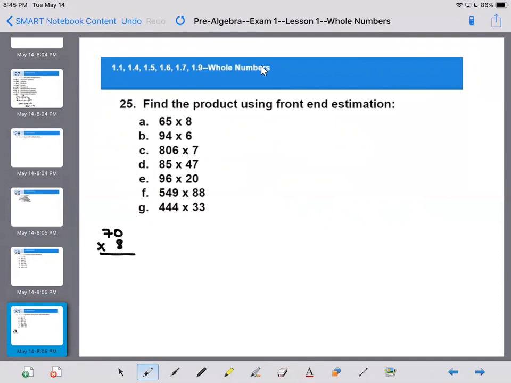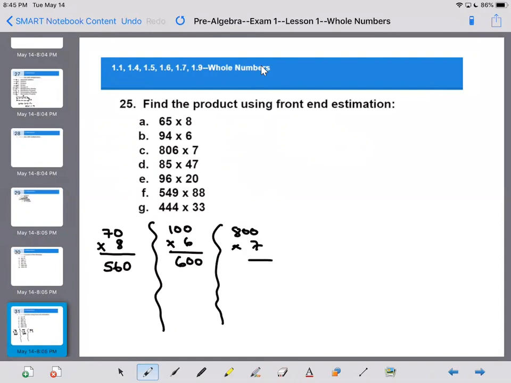So 8 times 7 is 56, but this is 10 times bigger, so it's actually 560. 94 times 6, I'm just going to say 100 times 6, and that would be 600. 806, I'm going to say 800 times 7. Well, over here we had 8 times 70 is 560. Well, this one would be 56 multiplied by 100, which would be 5,600.